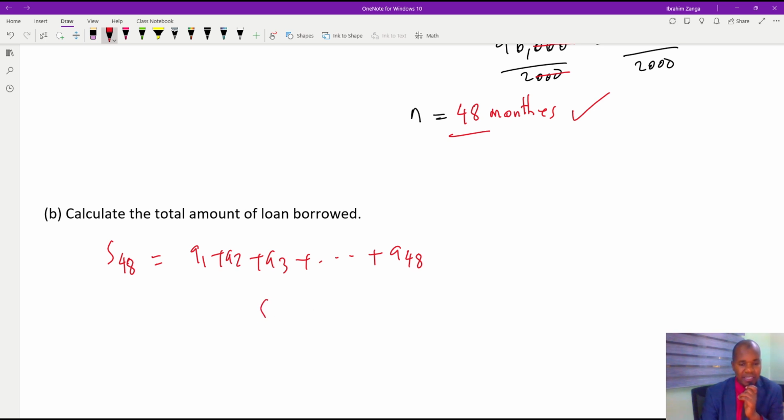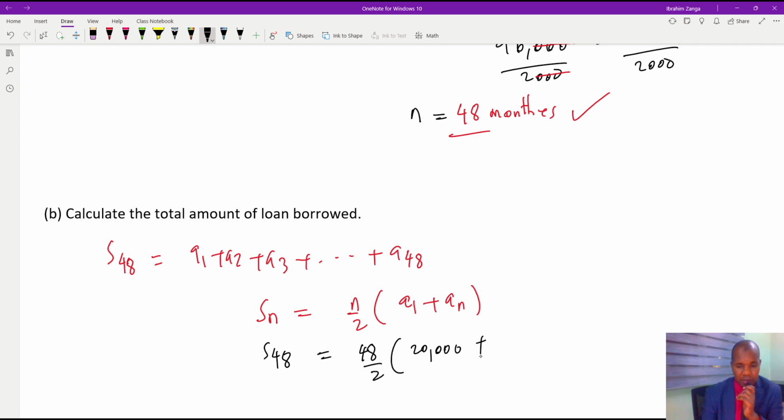And the formula is S_n equals n over 2 in the bracket a1 plus a_n. So S48 now equals 48 divided by 2 in the bracket a1, which is 20,000, plus a_n, which is 114,000.